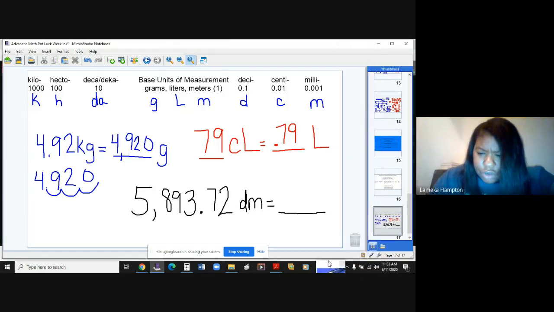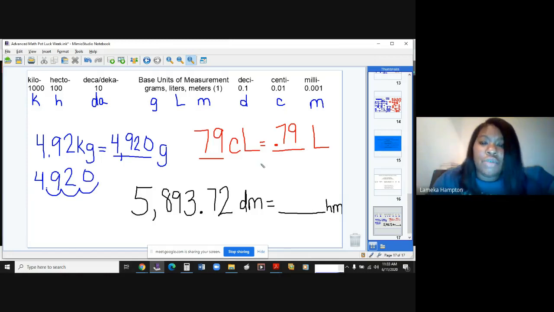I'm going to move this out the way. And that's a HM in case anybody's trying to see what that is. I ran out of space. All right. So I have 5,893.72 decimeters. And I want to know how many hectometers that's equal to.